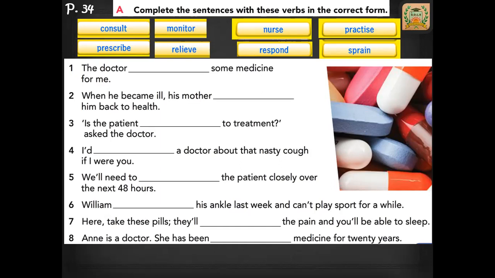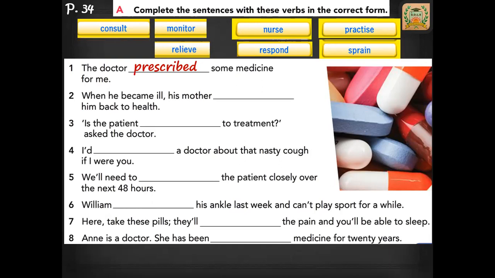The doctor some medicine for me. What is the verb that goes with this sentence? Yes, the doctor prescribed some medicine for me.